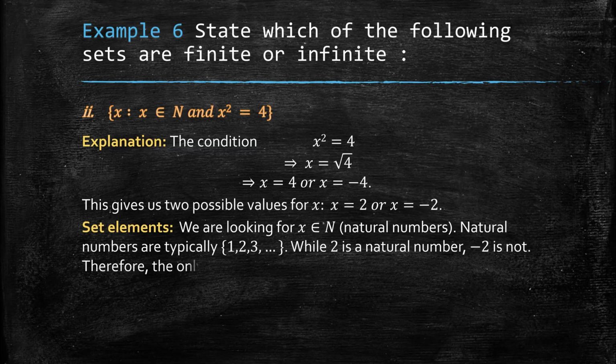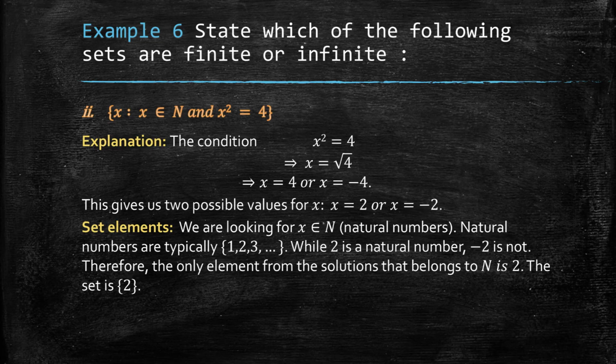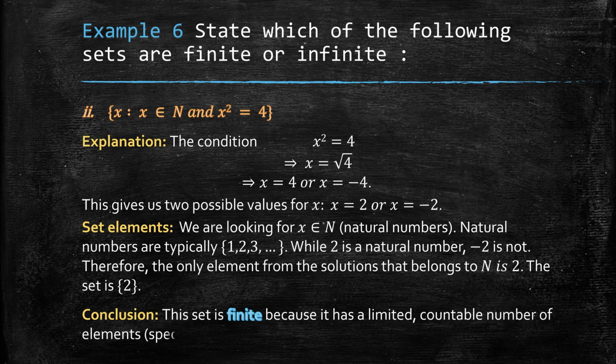Natural numbers are typically numbers like 1, 2, 3, etc. While 2 is a natural number, minus 2 is not. Therefore, the only element from the solutions that belongs to the set of natural numbers is 2. Conclusion: this set is finite because it has a limited, countable number of elements, specifically 1 element.